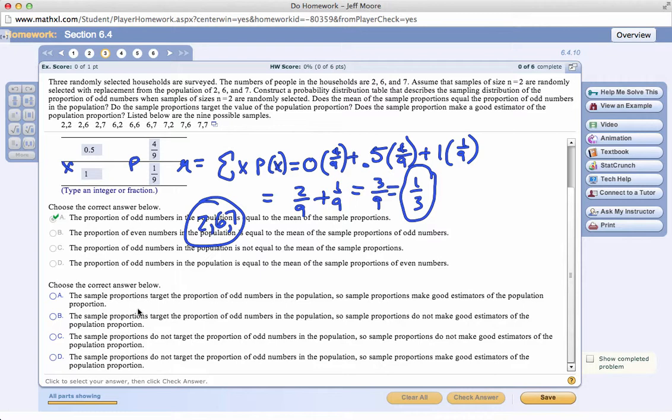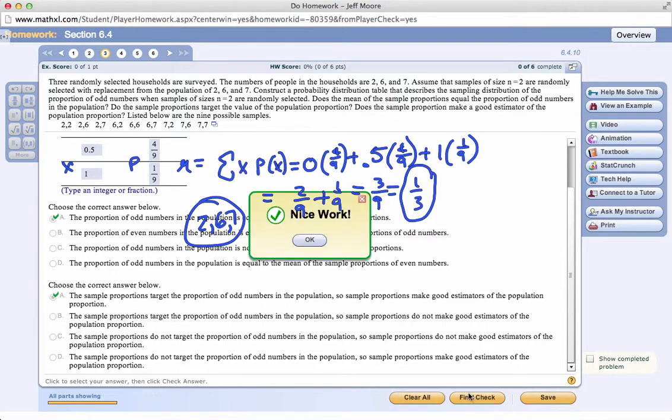And that would be the case if those two values were equal in the way that we just found. So the first response says the sample proportions target the proportion of odd numbers in the population, so sample proportions make good estimators of the population proportion. And that is the case, so we'll select that, check our answer.